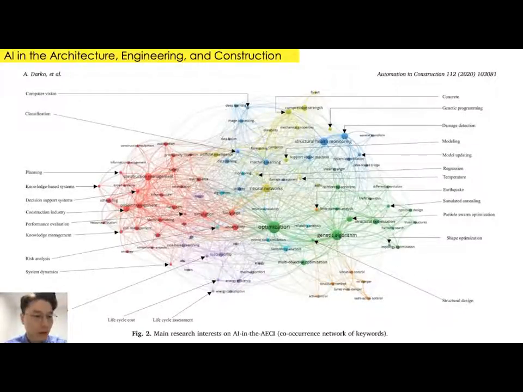For example, life cycle cost and life cycle assessment, risk analysis, knowledge management, monitoring the health of the building, and information management, etc. Everything could be used with AI technology, right? Genetic algorithms, neural networks, fuzzy logic, machine learning. These techniques have been used in a very broad sense, broad practice, I mean.